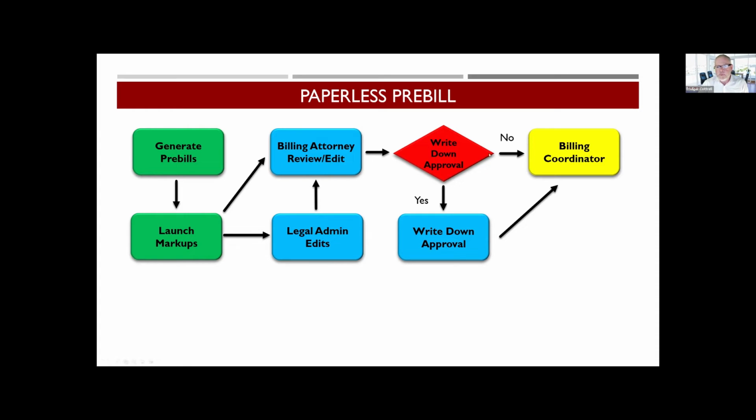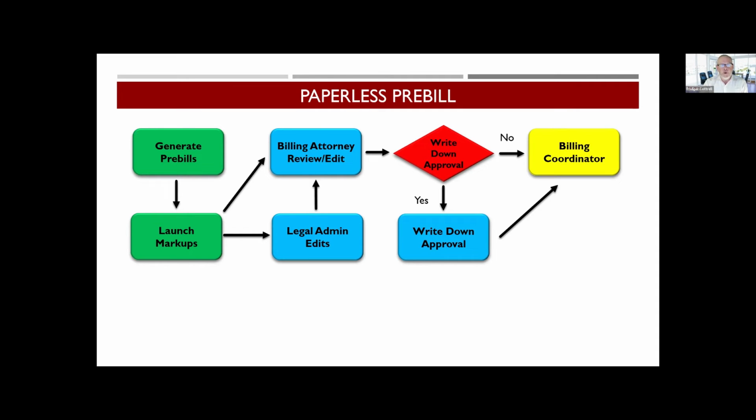One thing to consider with your write-down approval is what your dollar threshold is and what components go into determining the value of the write-down. If you have a pre-bill that has $20,000 of fees and you write it down $2,000 to $18,000, obviously that's a $2,000 write-down.